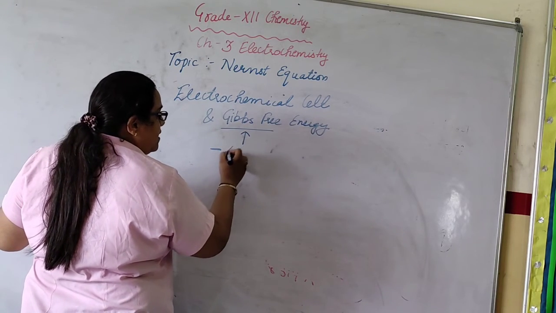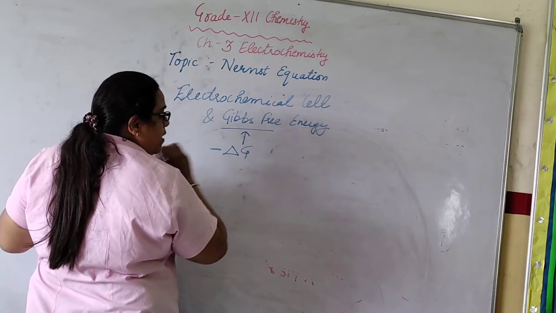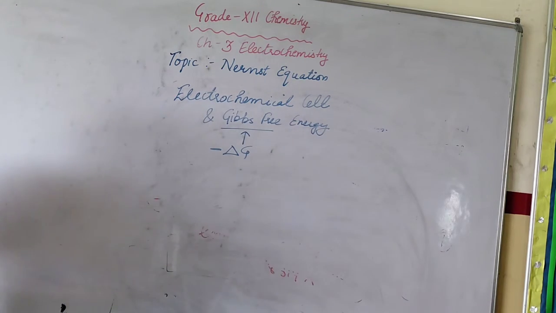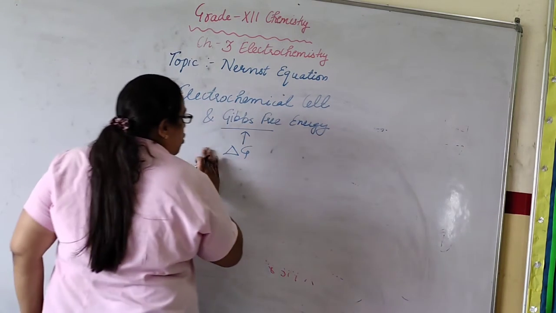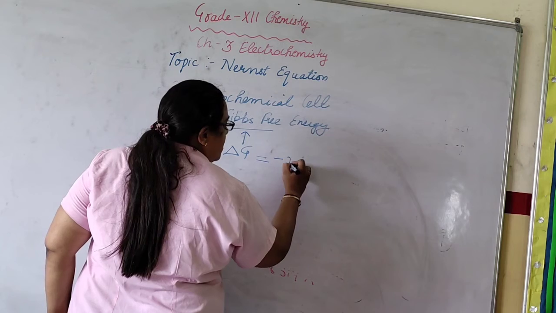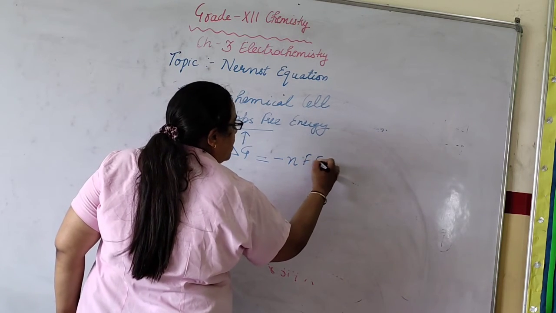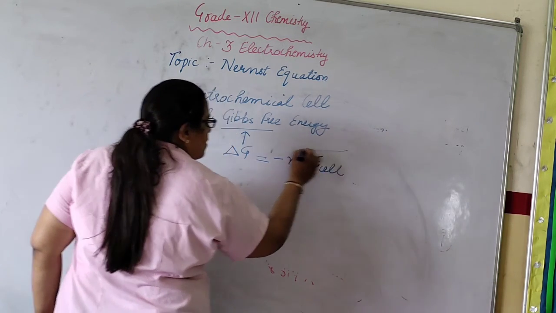So minus delta G, because Gibbs free energy is represented by G, and if E is the EMF of the cell and nF is the amount of charge passed, then this term is nFE of cell.